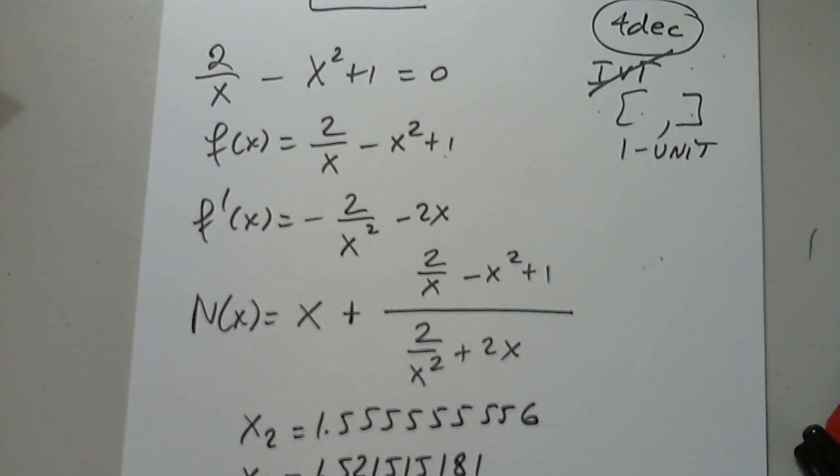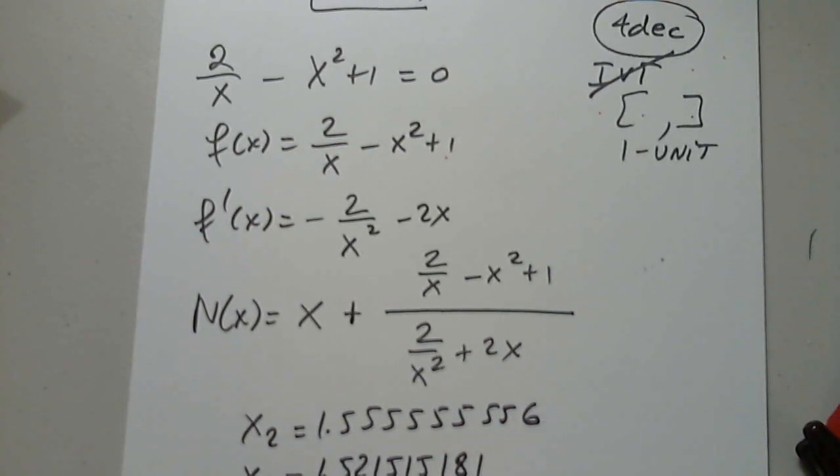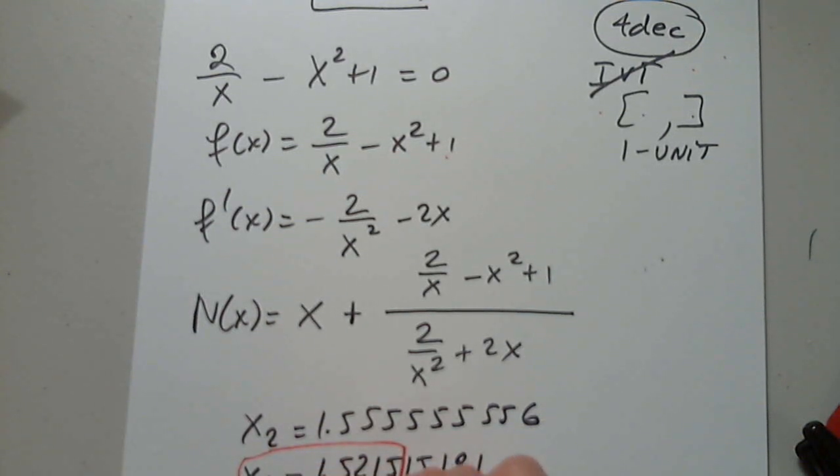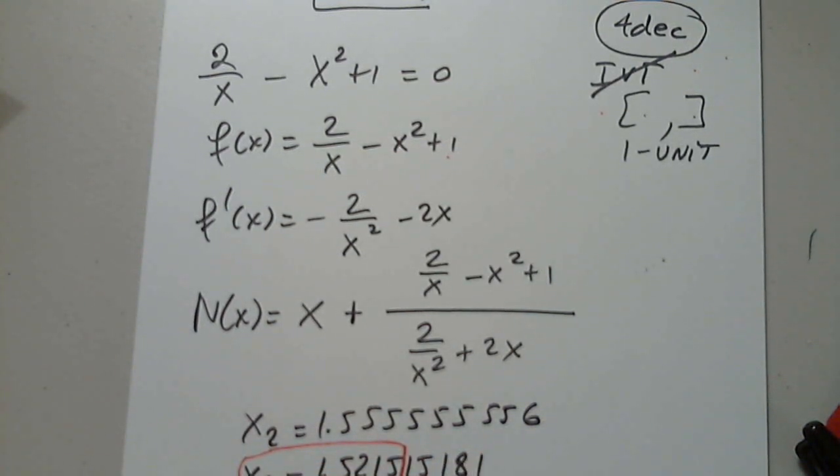So this will be x sub 4, 1.521379709. So if they only want the third one, and they want 4 decimal digits, then I have 1.5215.